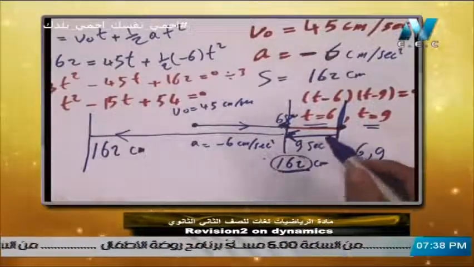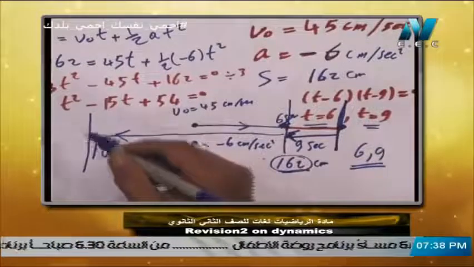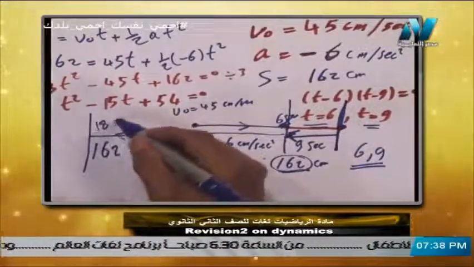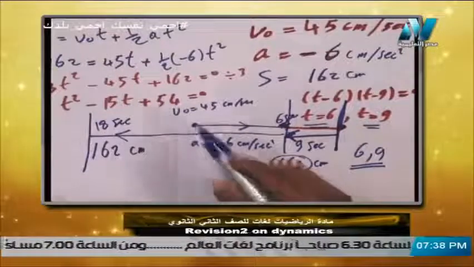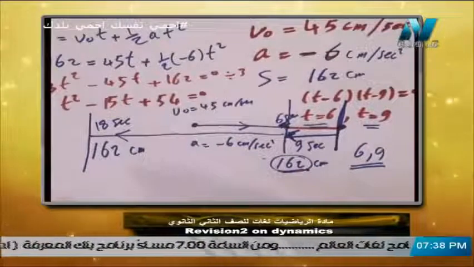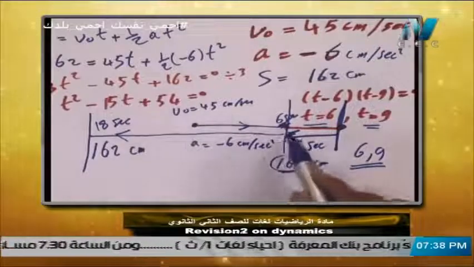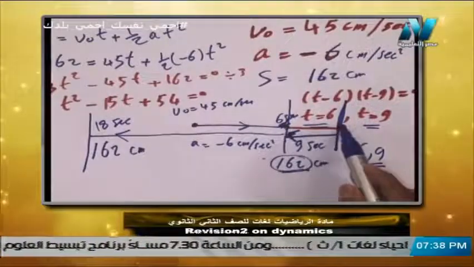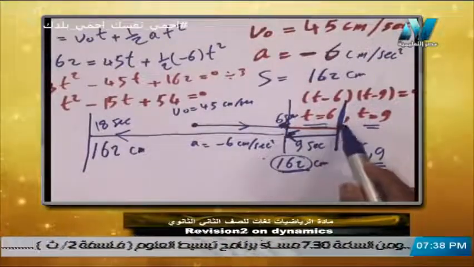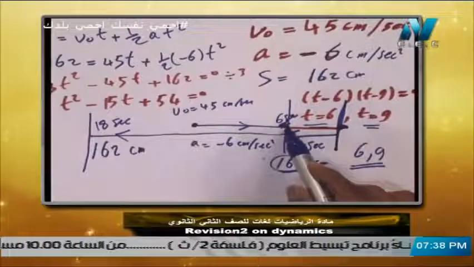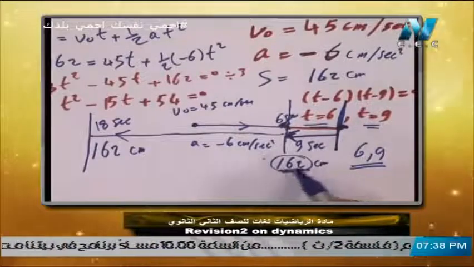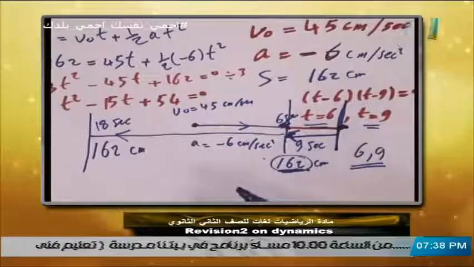From here to there, it will take 18 seconds from the beginning of motion. But someone says, why do you know that he completed moving to this point and returned again to 162 centimeter after 9 seconds?